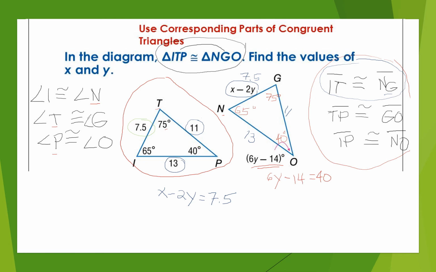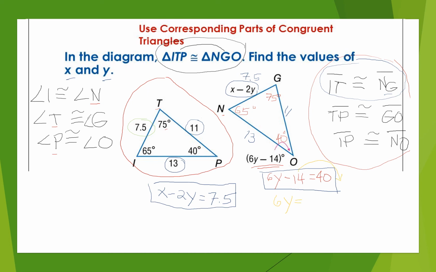So, now, how are we going to determine the value of x and y? Okay. So, kasi itong isang equation natin na to, we have two unknowns. So, nawawala ang ating x and y. So, dito tayo mag-uumpisang mag-solve with the other equation na 6y minus 14 equals 40 kasi isa lang ang unknown dyan and that is the variable y. So, let us solve for that one. So, that will be 6y, okay, moving it here.